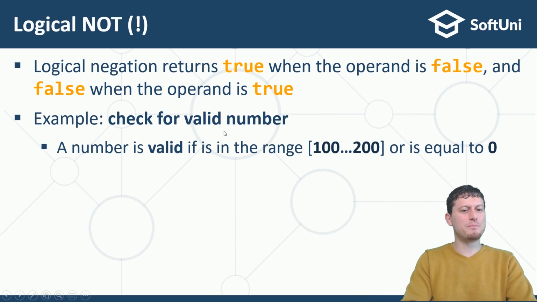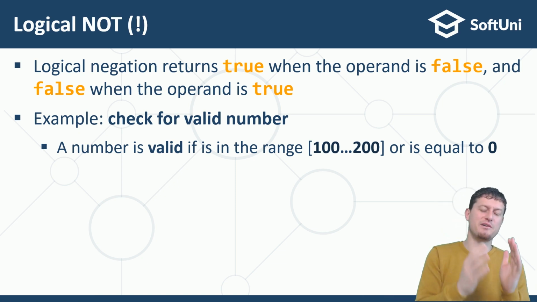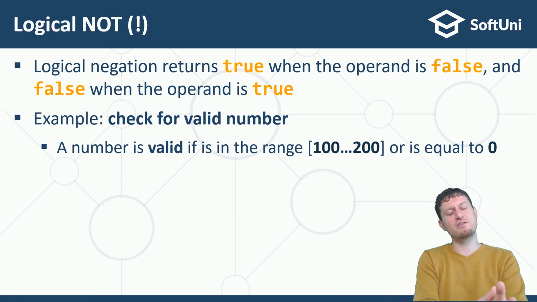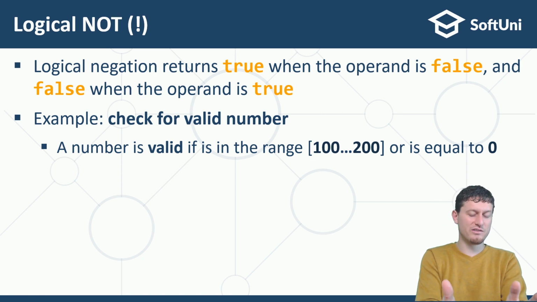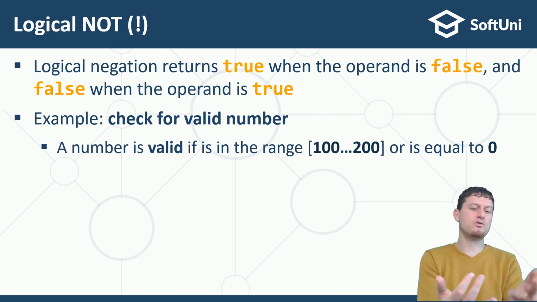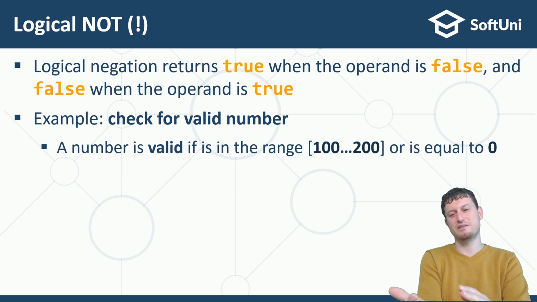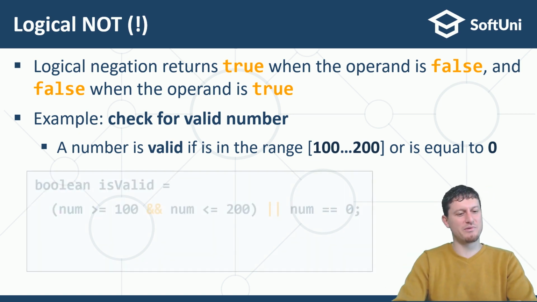Here is an example. We want to check for a valid number. By definition, a number is valid if it is in the range from 100 to 200, or in the special case where the value is 0. So valid numbers are 0, 100, 101, 102, etc. until 200. So we have a little bit more complex expression.